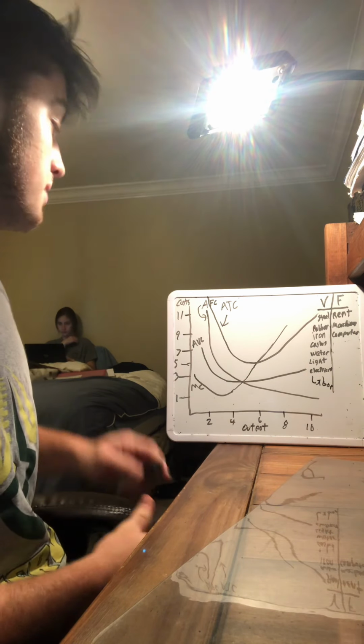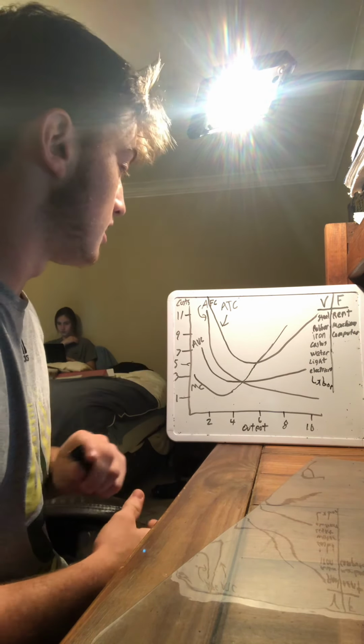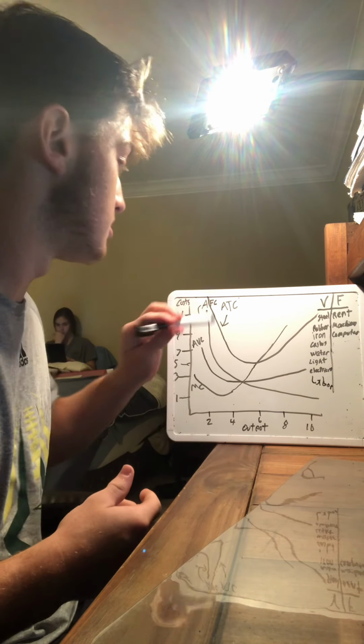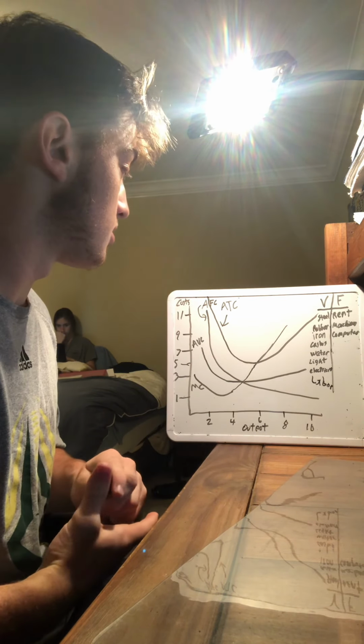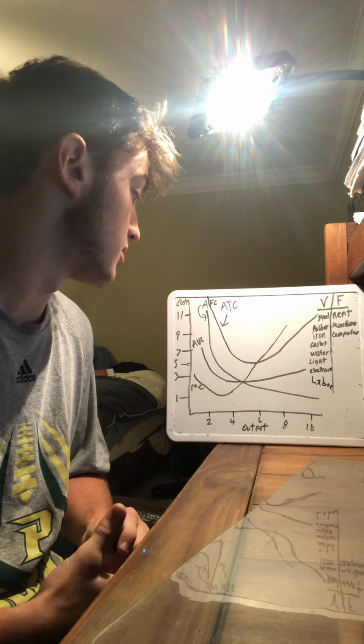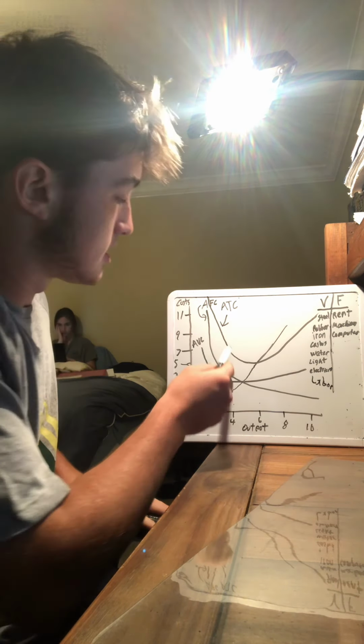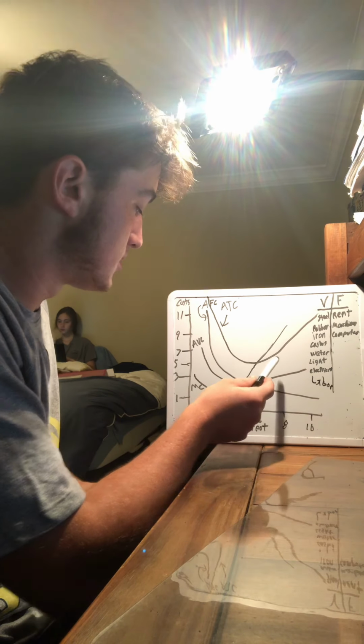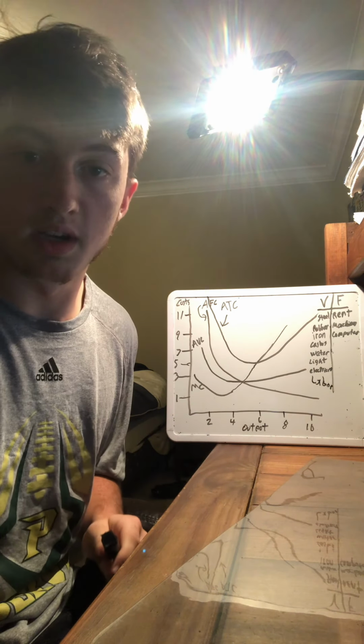Average variable cost and average fixed cost added together give you average total cost. Average total cost is just that: average fixed cost plus average variable cost. And average total cost is also in a U shape, just like average variable cost.